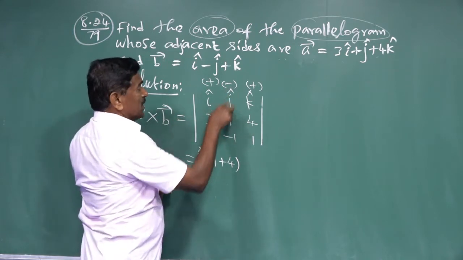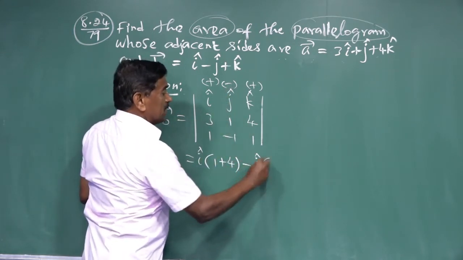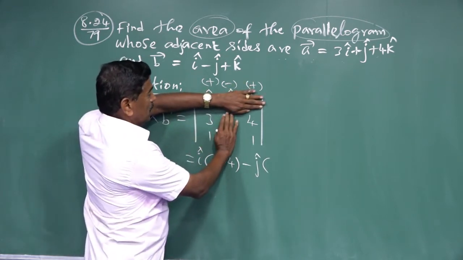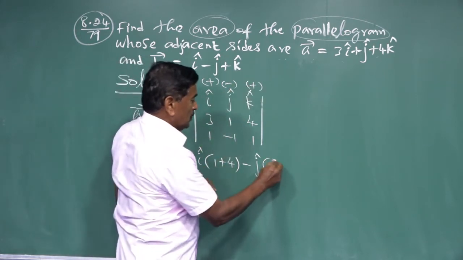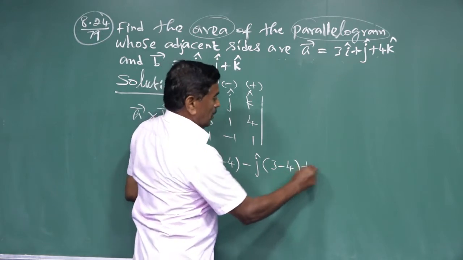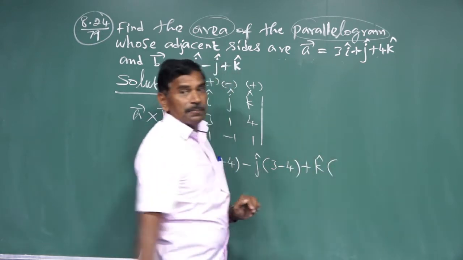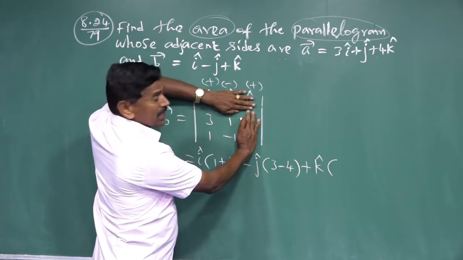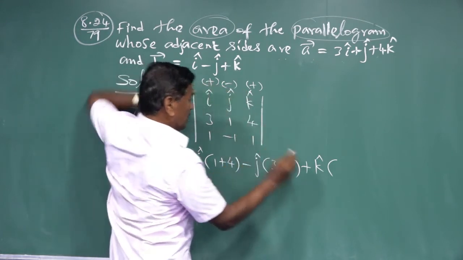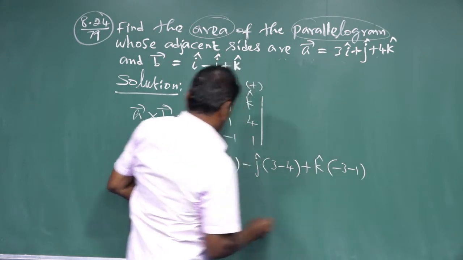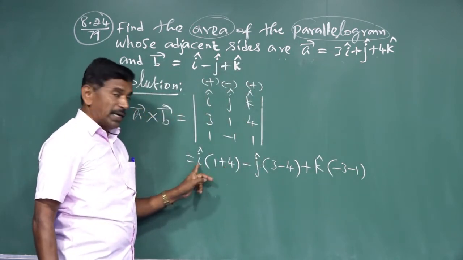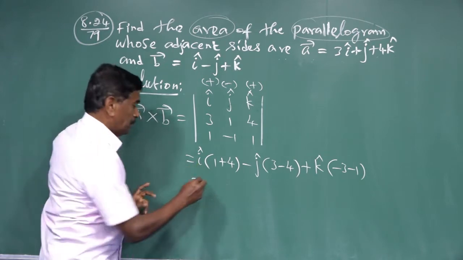Now minus j into, forgetting its row and column, 3 minus 4. Plus k cap into, forgetting its row and column, the answer is minus 3, minus 1. Which is equal to 1 plus 4, 5, so 5 i cap.